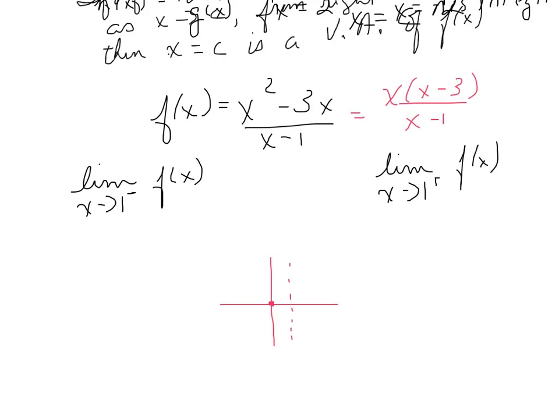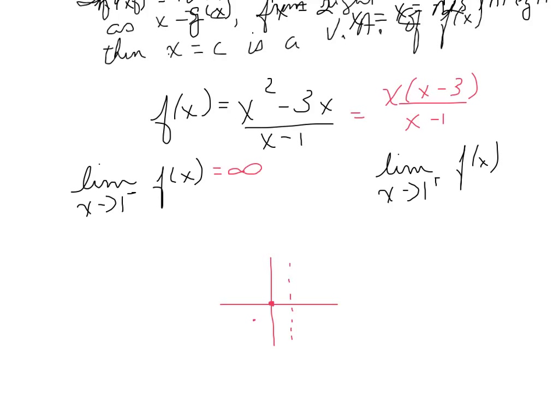I really don't care what the value is. If I choose negative 1, I'm going to have a negative times a negative over a negative. Is that negative or positive? Negative. So does this function look like it's increasing or decreasing? It's increasing, so this is going to go to positive infinity.